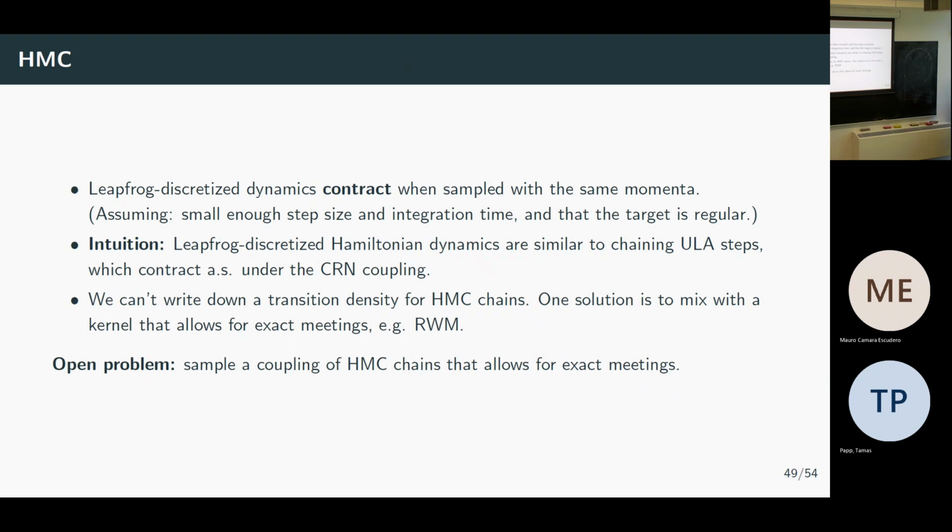Right, HMC. It's well known by now, at least in more theoretical circles, that leapfrog discretized dynamics contract when they're sampled with the same momenta, assuming the step size and the leapfrog steps are small enough, the integration time is small enough, and the target is regular.